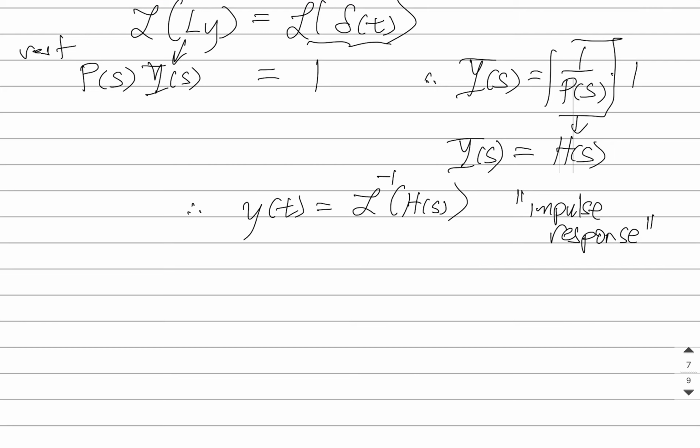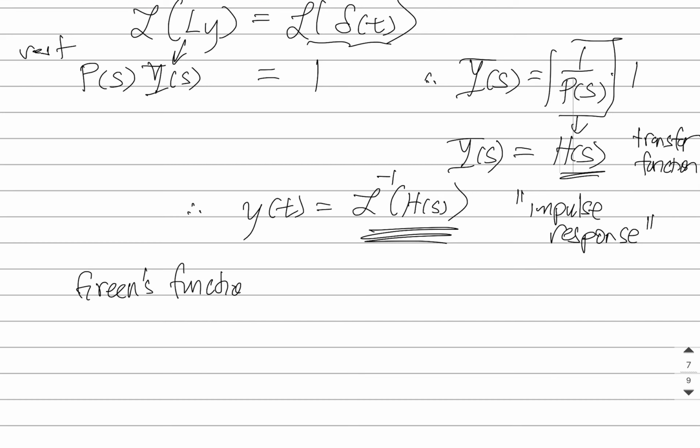So we get the transfer function. That's this h of s. The inverse Laplace transform of it would be what we call impulse response. The Green's function we get by saying, okay, we are going to take this Green's function of t and tau.